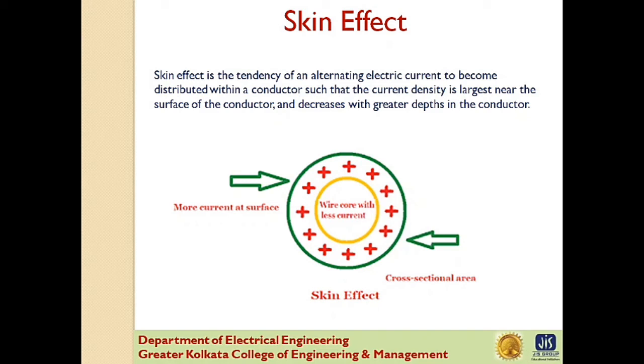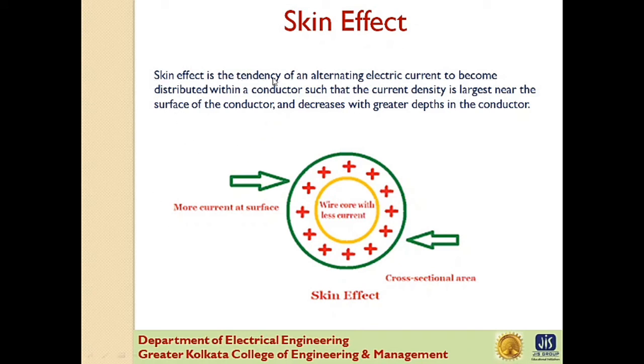When a conductor is carrying steady direct current, that means DC current, this current is uniformly distributed over the whole cross section of the conductor. However, an alternating current flowing through the conductor does not distribute uniformly. Rather, it has a tendency to concentrate near the surface of the conductor. This is known as skin effect. So what is the definition of skin effect?